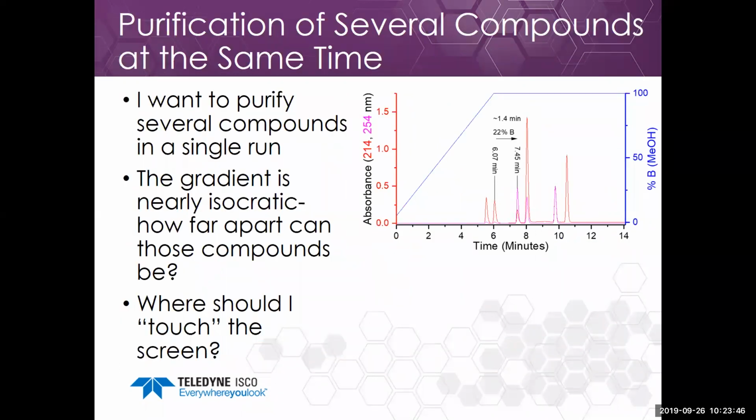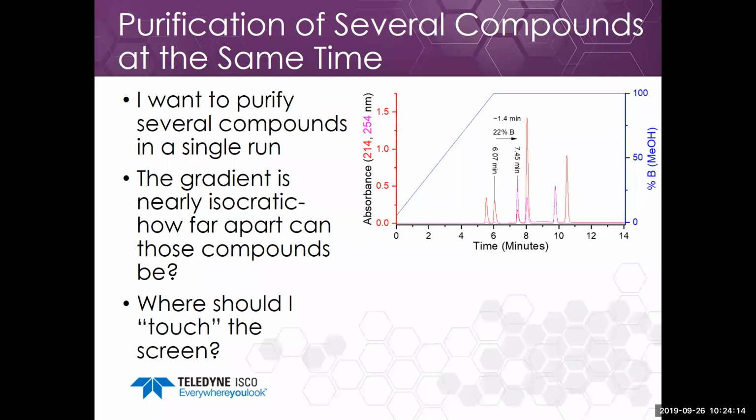One question is, what do you do if you have several compounds that you're interested in? This happens commonly with natural products. Sometimes you might have a compound and you might want the starting material if you're doing synthesis work. The gradient is nearly isocratic, so how far apart can these compounds be? And also, where should I touch the screen to get them to run?